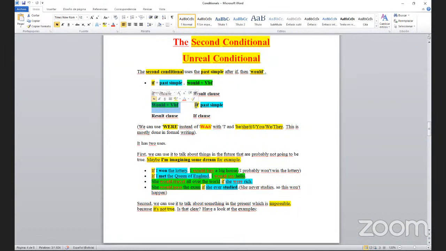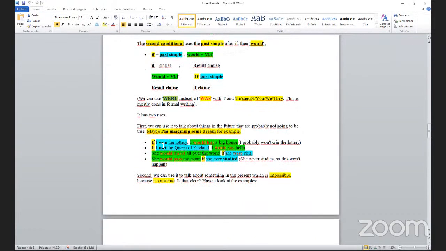And I will use if plus past simple, okay? So always remember, when we use conditionals, we are not going to use was in this case because we are using past simple. For all the subjects, we are going to use only were, okay? Only were.